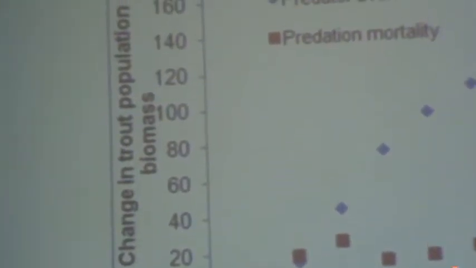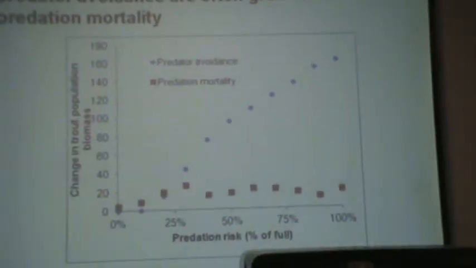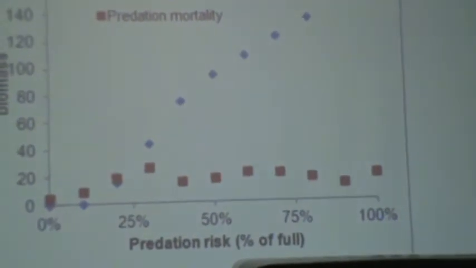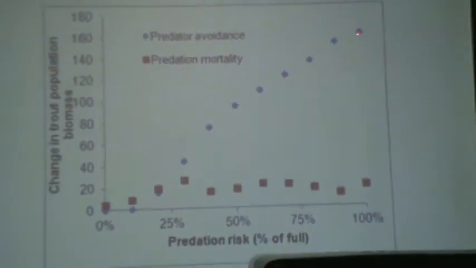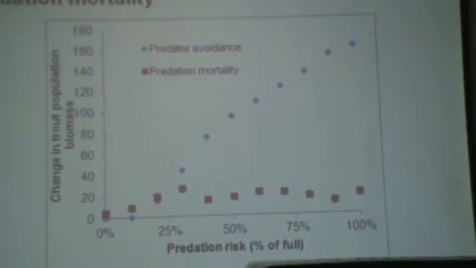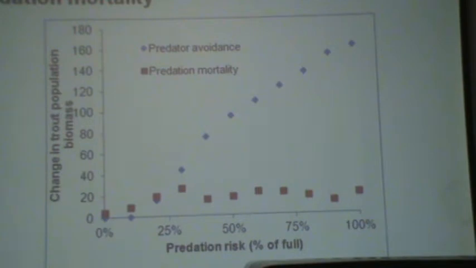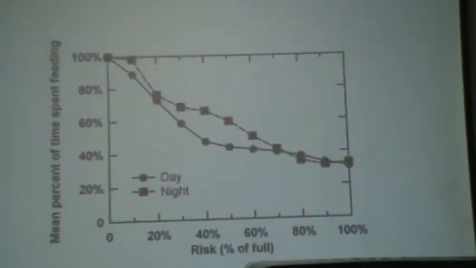The red dots are the amount of population reduction due to predation, of fish actually being eaten, and the blue dots are the amount that the population reduced by behavior, just because the fish were spending less time feeding during the day or less time feeding overall to avoid the higher predation. So we can see that the effects of behavior are actually much higher than the effects of actual predation, and that's been widely observed in real systems.